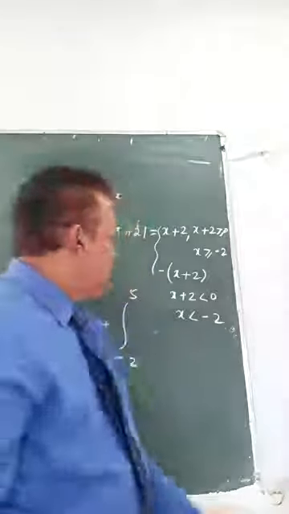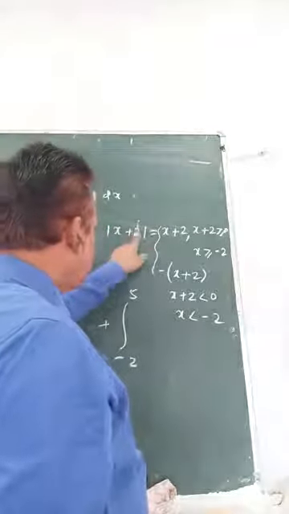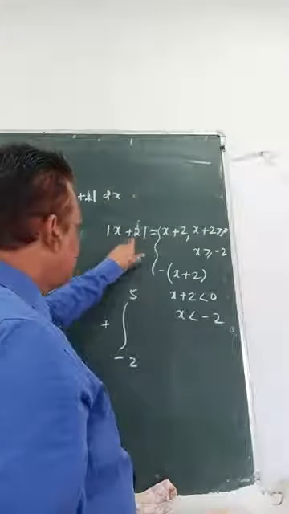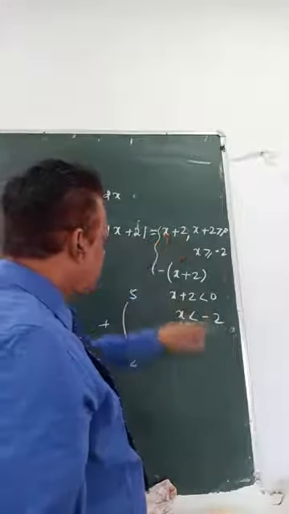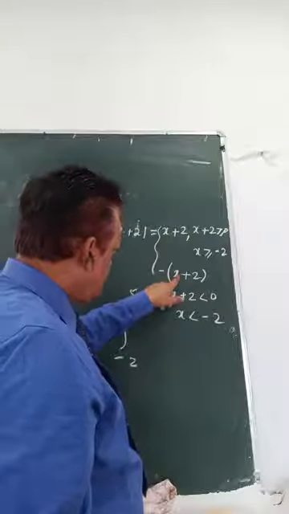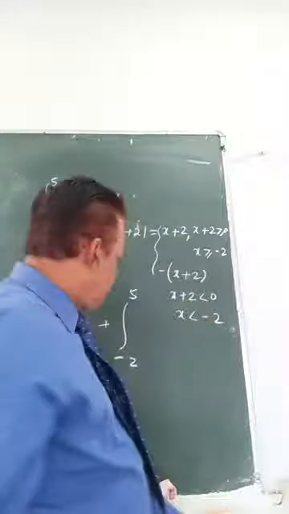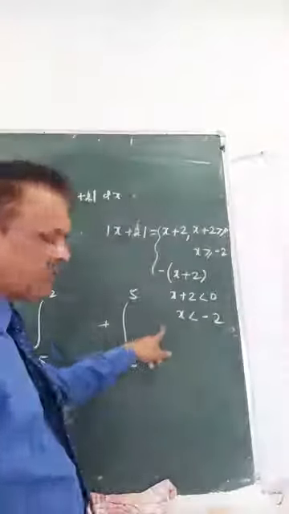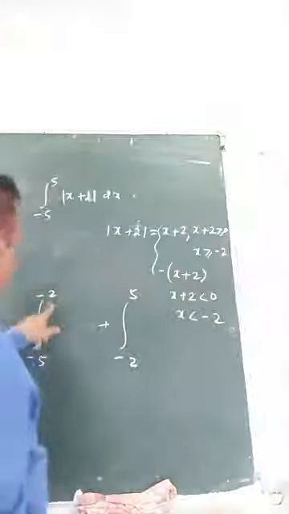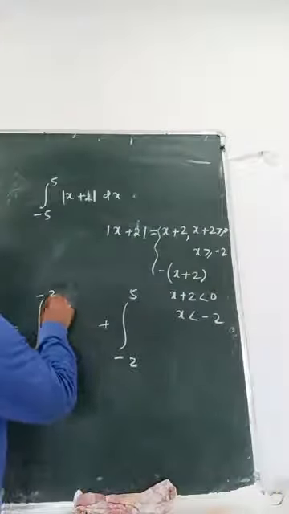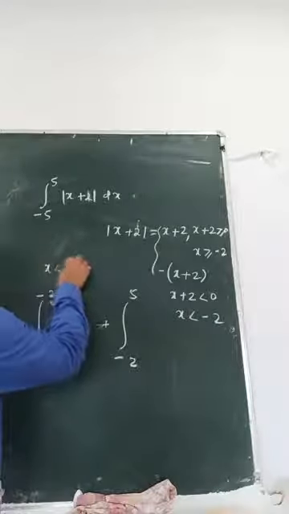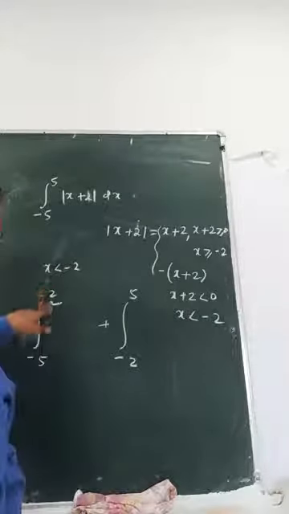Now this definition has two parts. One is plus x plus 2, the other one is minus x plus 2. So which one should I write here, and which one here? The upper limit means x is less than minus 2. You have to keep that in mind.